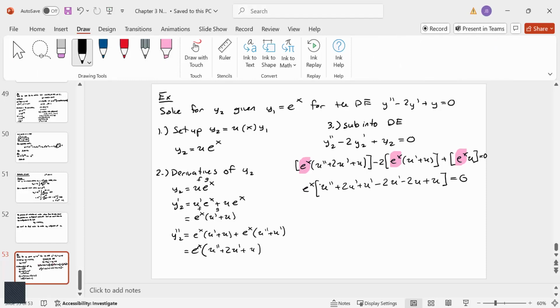And if I simplify all of that, it looks like we should have more cancellation. So cancel, cancel, cancel.